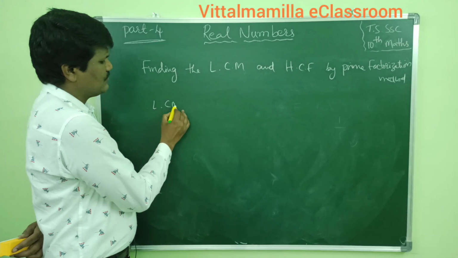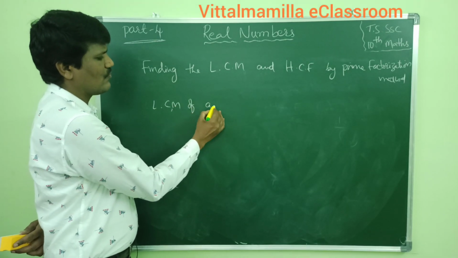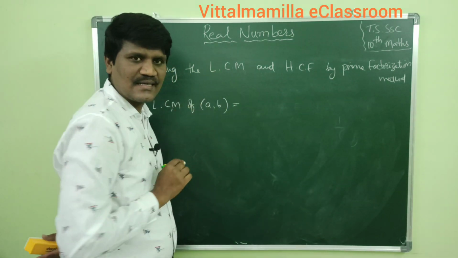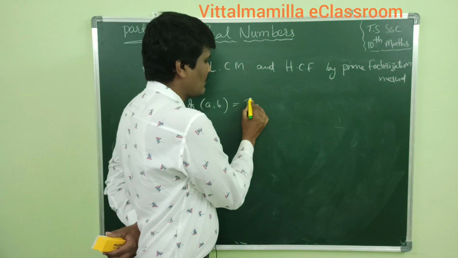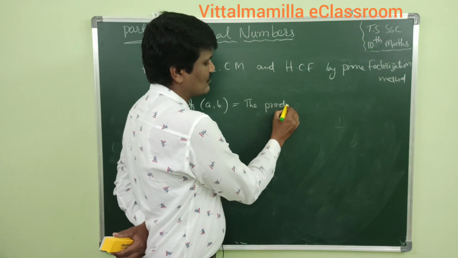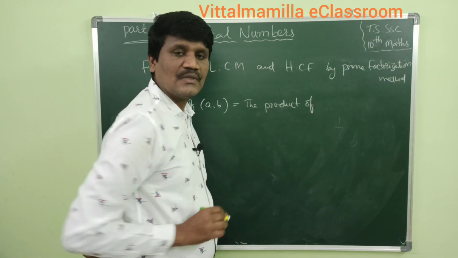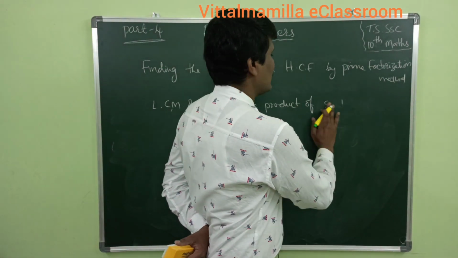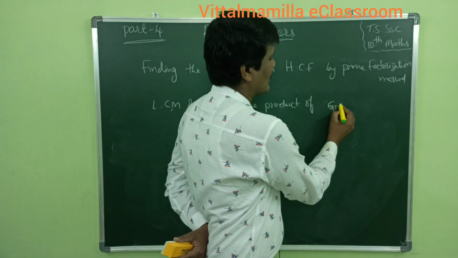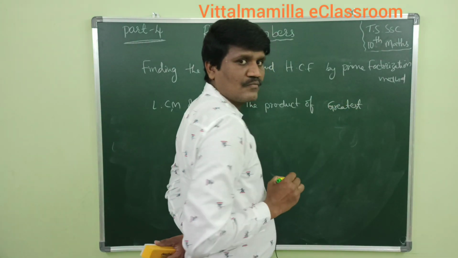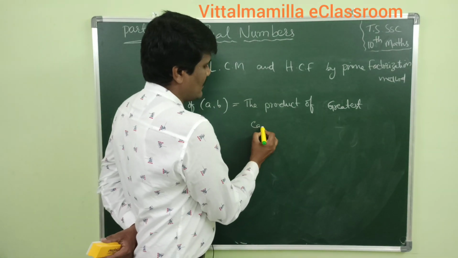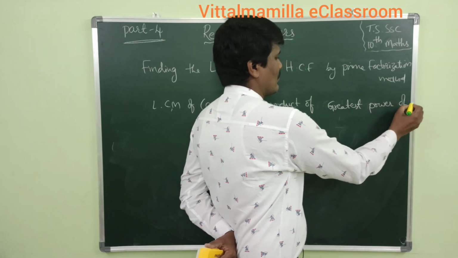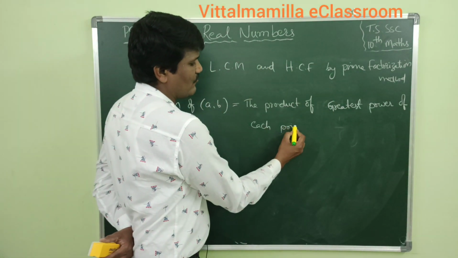So LCM of A comma B. If A comma B are two numbers, the formula for LCM is the product of the greatest power of each prime factor.